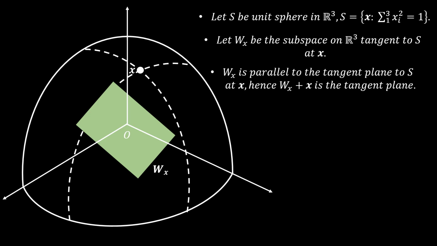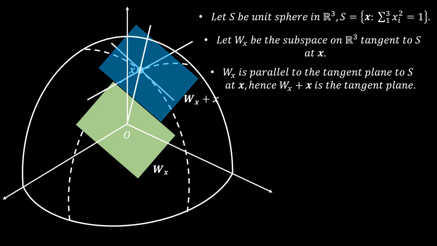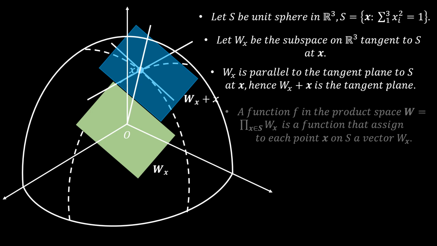So the tangent plane can now be expressed as Wx plus x, and we saw that in our previous lessons. When you have a plane that has a parallel translation, it's a matter of just adding a number or a vector to it. So Wx plus x is the tangent plane, and we see it denoted by blue here.